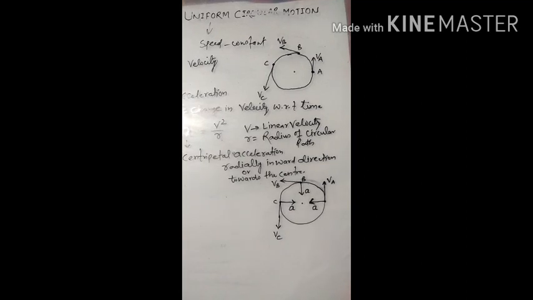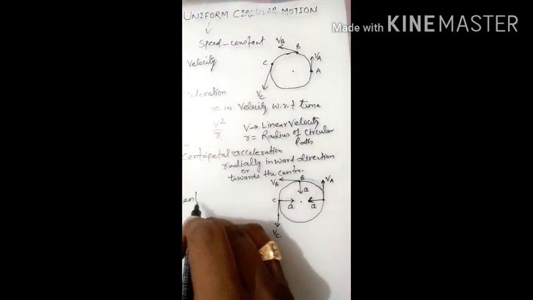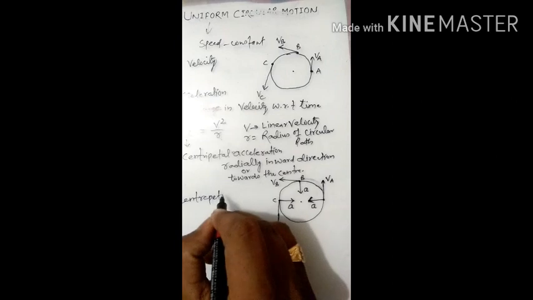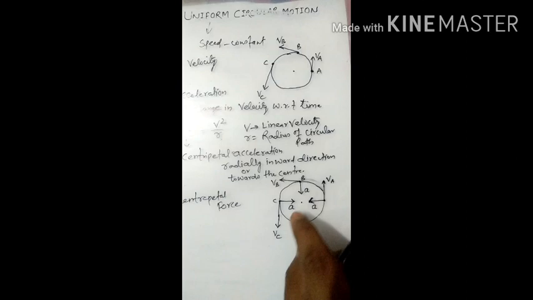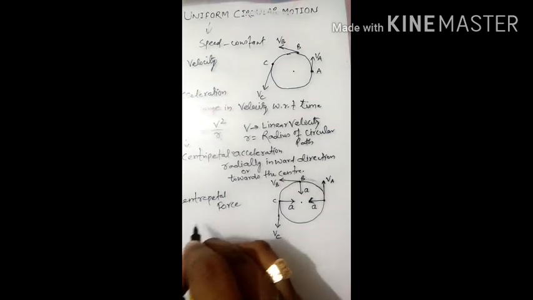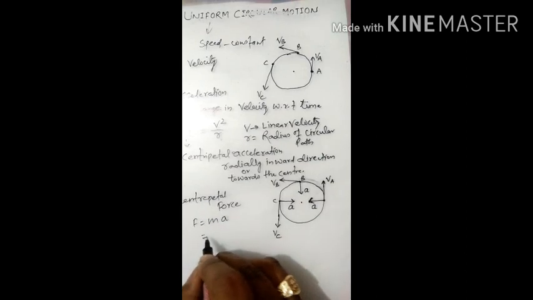From the definition of force, we know that if an acceleration is present, then there will always be a possibility of the presence of force. In this condition, a centripetal force always acts towards the center, which is represented by, as we know, F equals mass into acceleration.